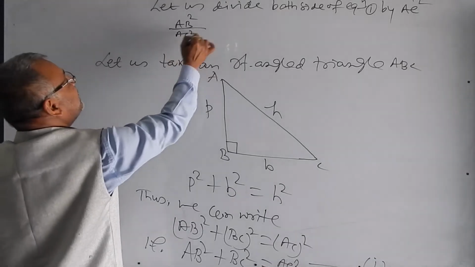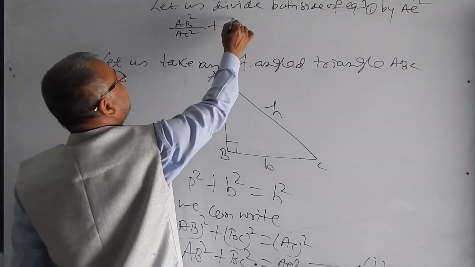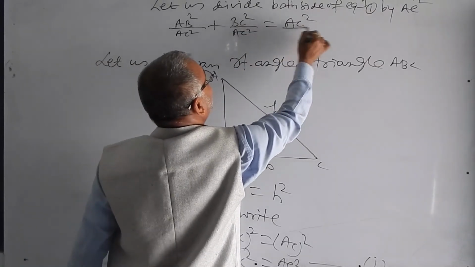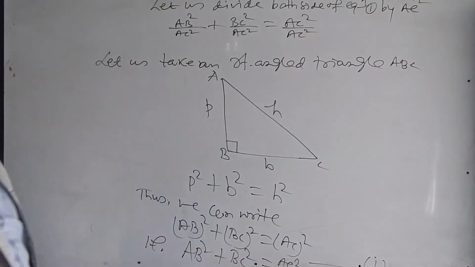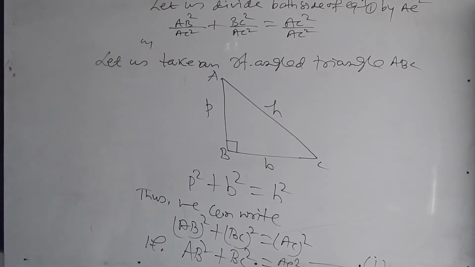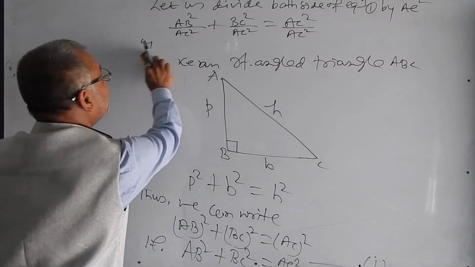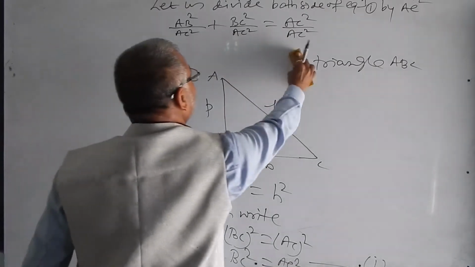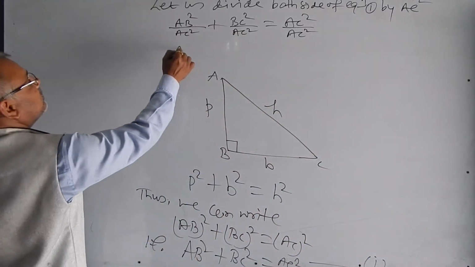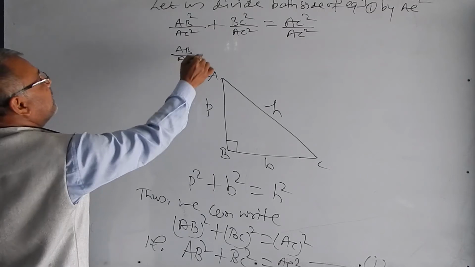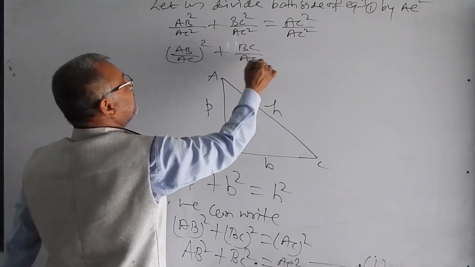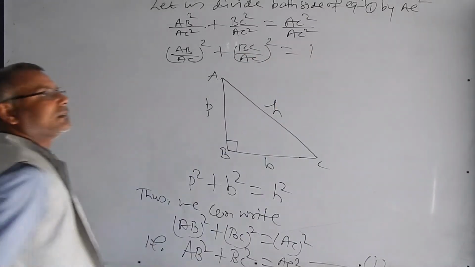AB square by AC square plus BC square by AC square is equal to AC square by AC square. That is, (AB by AC) square plus (BC by AC) square is equal to 1.